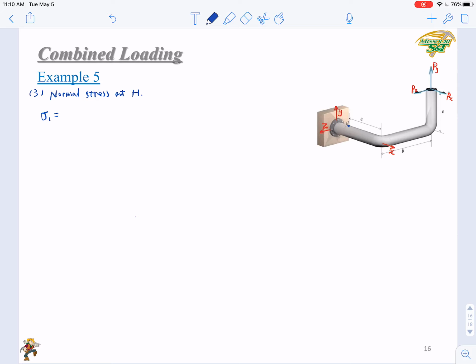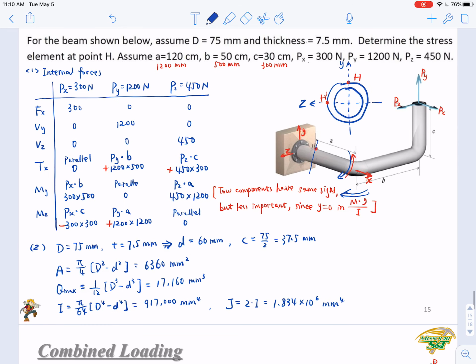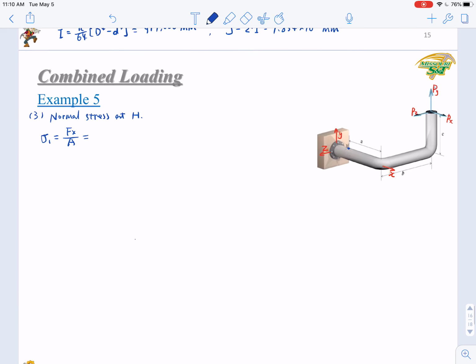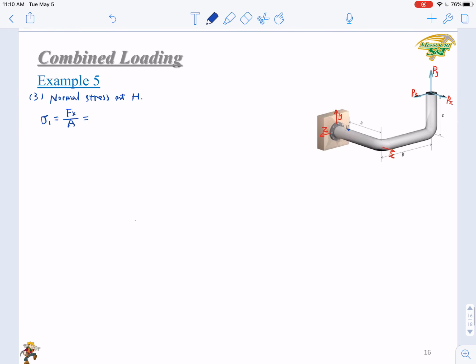Here we have Fx over A. The Fx is just 300, and A is 6360. Here you will have 300 over 6360. That is 0.047 MPa.